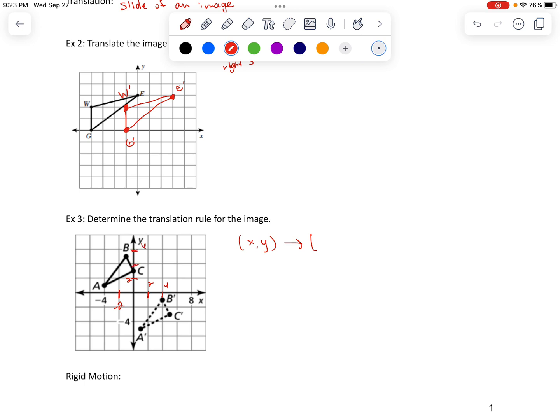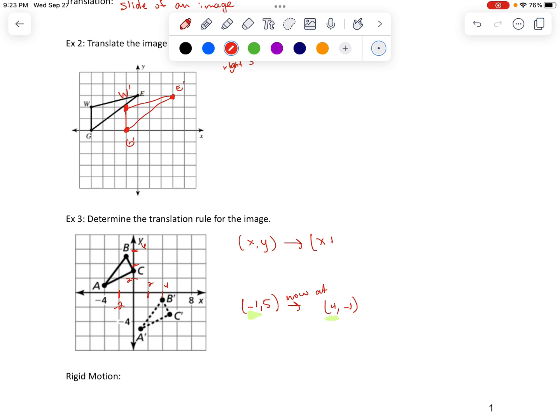So if I'm looking at that B coordinate, okay, and it might help to look at it individually as the coordinates. B is located at -1, 5, and it is now at 4, -1. So if I'm trying to find a rule, how do I go from -1 to 4? Well, I have to add 5.